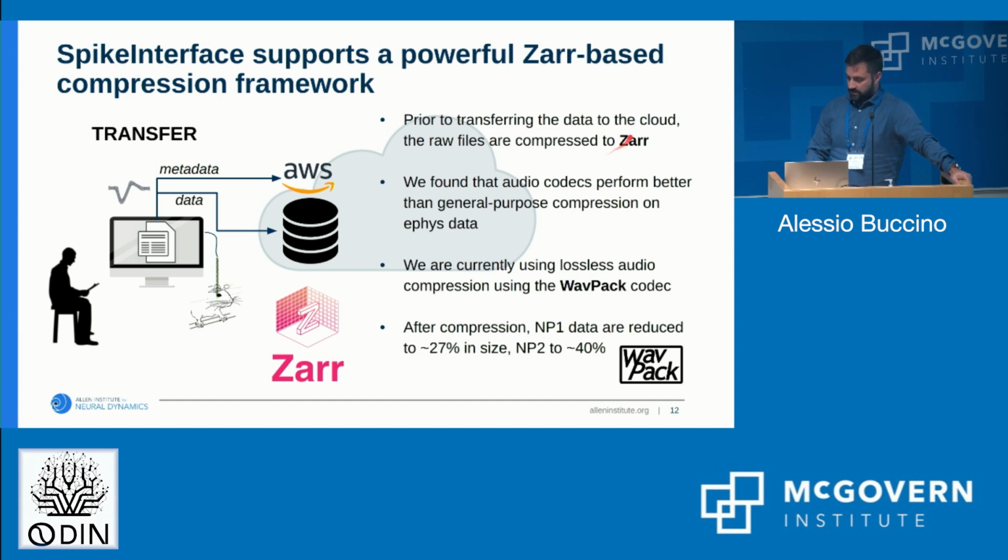So we extended Zarr by including some custom codecs, including this WavPack audio codec, which performed best among all the tried options. And we can now compress Neuropixels 1.0 data down to 27% in file size, and for Neuropixels 2.0 down to 40% in file size, due to some inherent differences in the two probes.